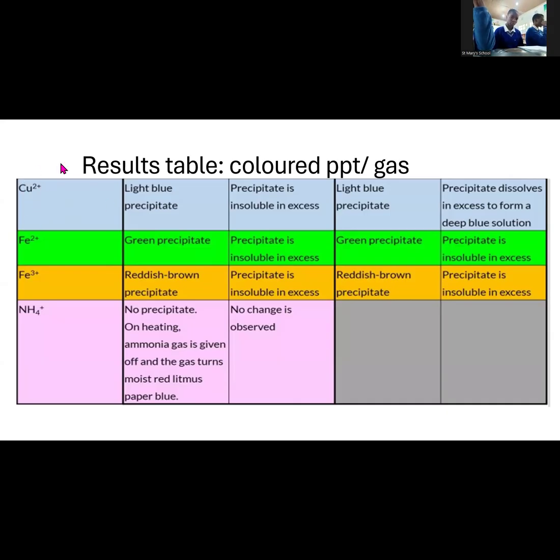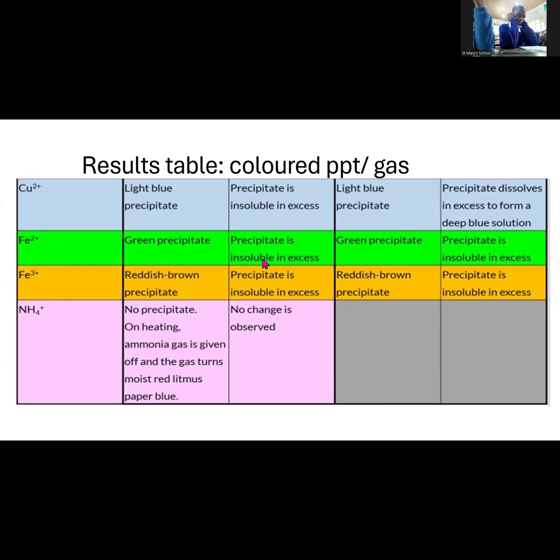So anytime it is blue, it is copper 2. Anytime it is green, it is Fe2 plus. Anytime it is orange, it is Fe3 plus. And I'll come to ammonium in just a minute. So Fe2 plus and Fe3 plus only produce precipitates. The precipitates are not soluble later, okay?